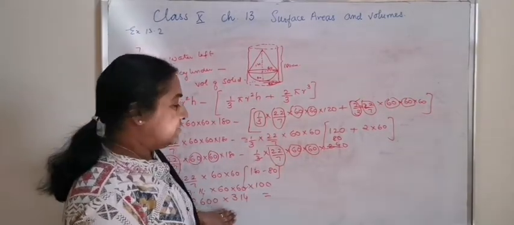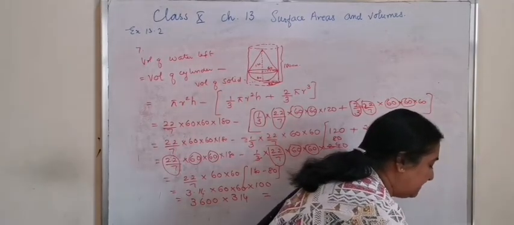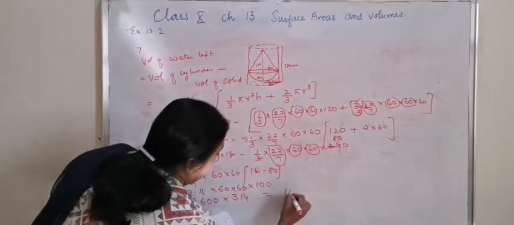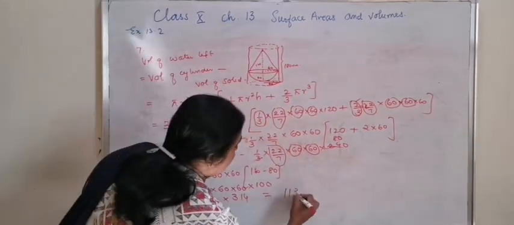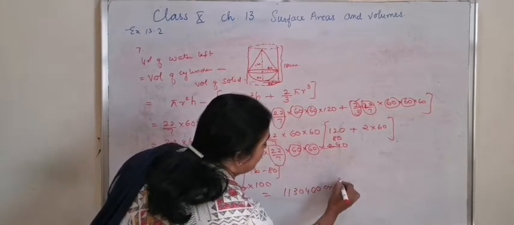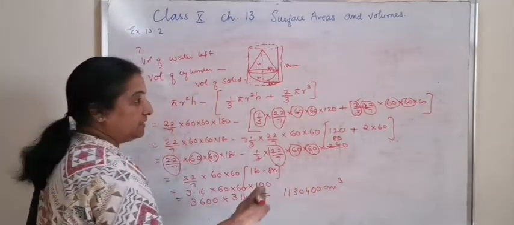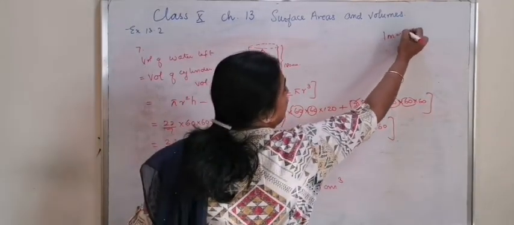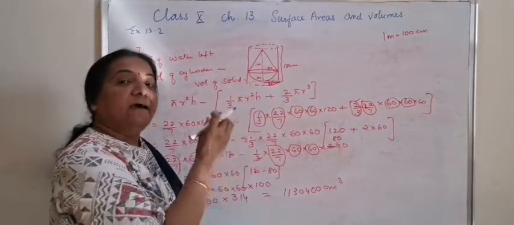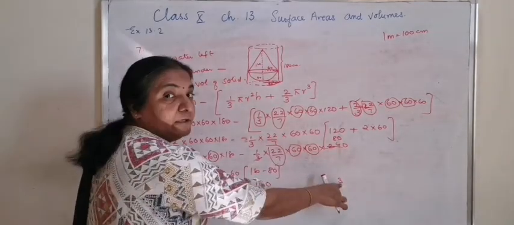So 3600 into 314, and on simplification you will get 3040 centimeter cube. To convert centimeter cubed into meter cubed: 1 meter is 100 centimeter, so you have to divide by 100 into 100 into 100 because of the cubic measure.